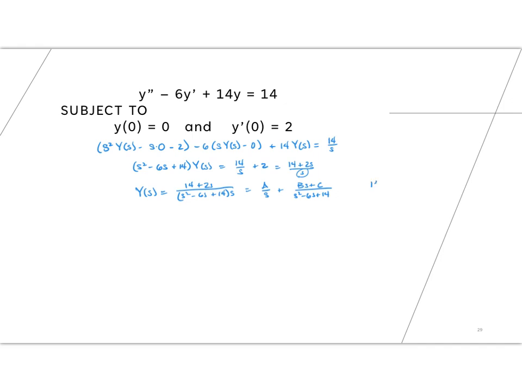So I have 14 plus 2s equals A times s² minus 6s plus 14 plus (Bs plus C) times s. If s equals 0, then I have 14 equals 14A plus 0. So A is equal to 1. So far, so good.